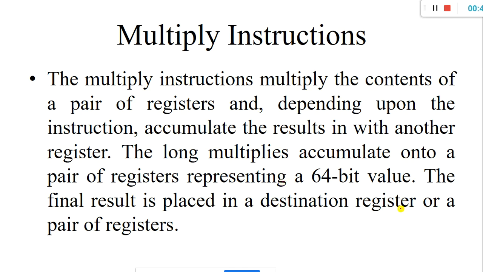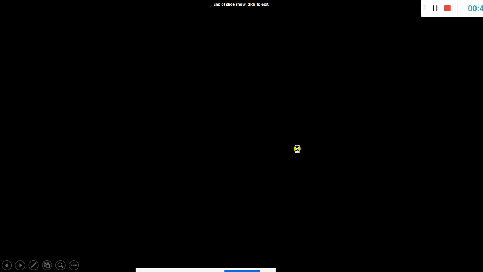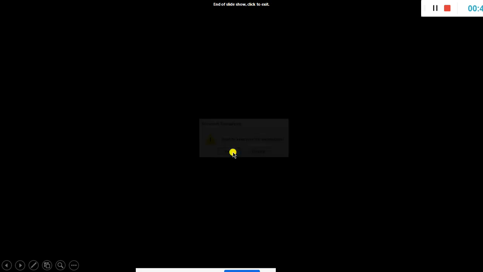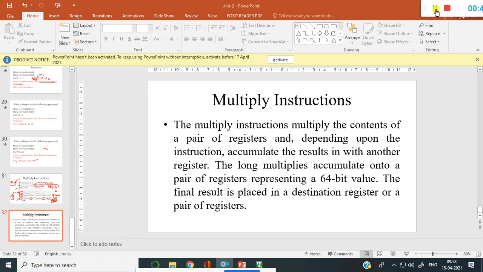So let us stop our explanation here. In the next class, I'll take up an example on multiplication. Then we'll go with the next instructions. Almost we are at the end of the data processing instructions.